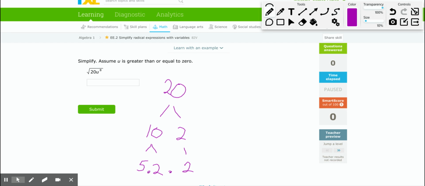But if you went with like 4 and 5 or something like that, it should give you the same things at the end. We're going to continue breaking things apart until we have prime numbers. So numbers that can only break into themselves and 1. So 2 is going to stay as is, but 10 would break apart into a 5 and a 2. And remember, these are all multiplied together. So 5, a 2, and a 2.